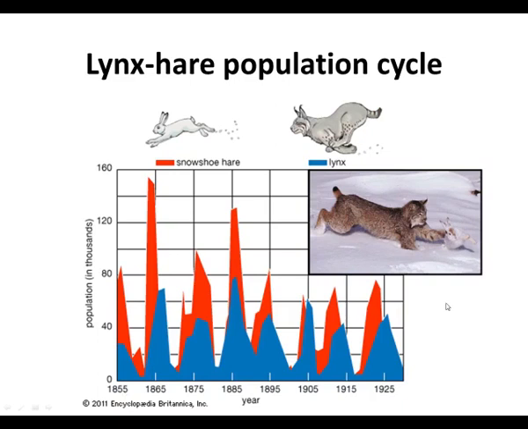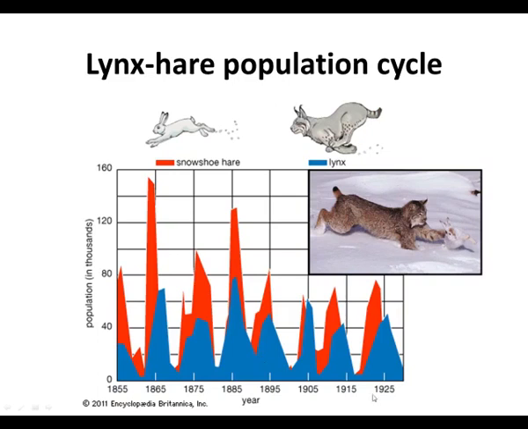This graph summarizes the population sizes of both species. The x-axis is the time, and the y-axis is population in thousands. The red is snowshoe hare, and the blue is lynx. The first thing that you realize is that typically predator populations are smaller than the prey populations, right?